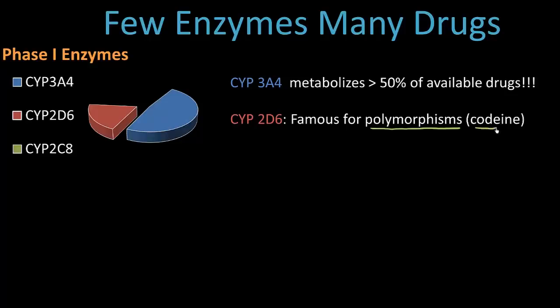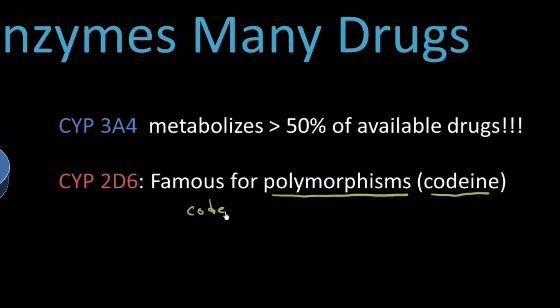And so we talked about codeine, how people were rapid metabolizers, right? They take codeine, and if they have a really fast enzyme, they can activate it and form morphine at a rate faster than the average person. This can be problematic, especially in children.